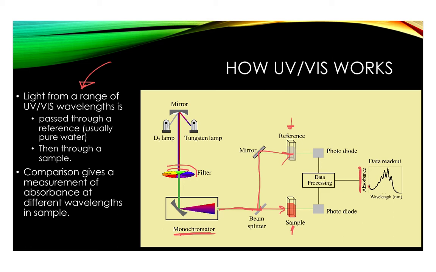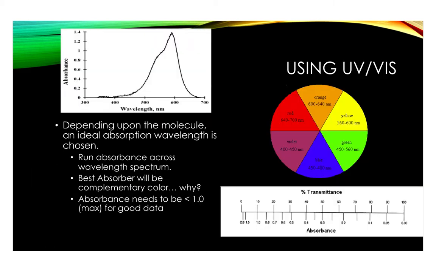This particular sample is going to absorb wavelengths that make it appear this pinkish reddish color. Depending upon the molecule, an ideal absorption wavelength is chosen. So the first thing we need to do is, depending upon what our solution or molecule is, we try to figure out what wavelength we should use.